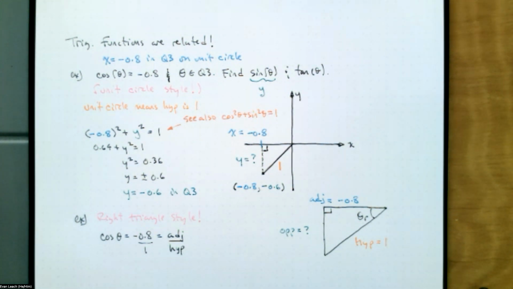It's weird to draw a triangle and say this side is negative 0.8, but it still works out the same way. That opposite would be negative because we're thinking in terms of standard position.